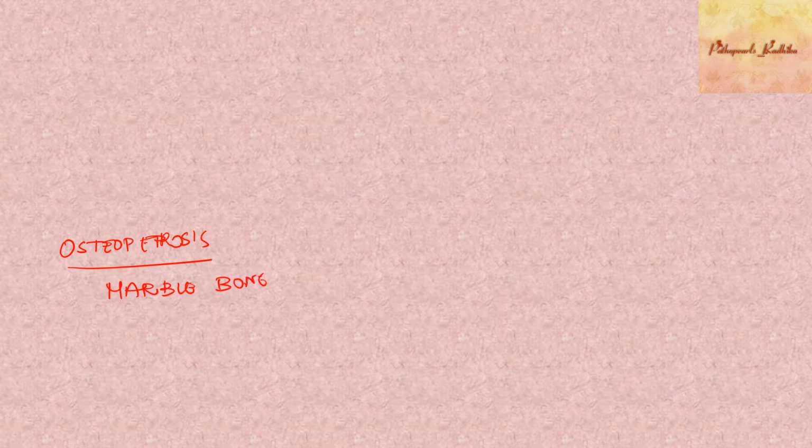So what's the other name for osteopetrosis? Your bone will be like a marble. So it's called marble bone disease. So don't confuse this with brittle bone disease. Brittle bone disease is, any guess what it is?